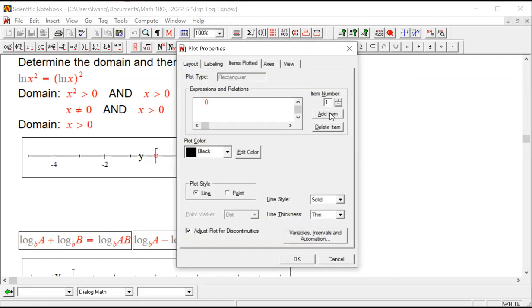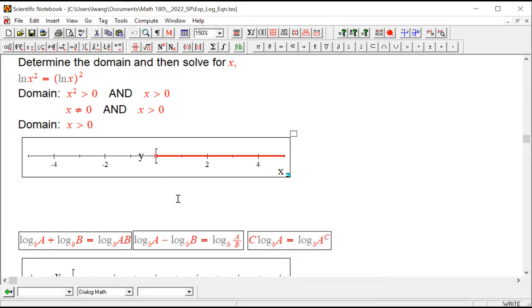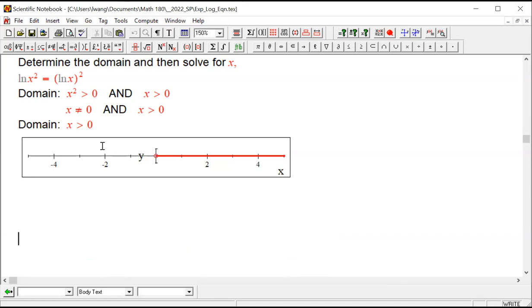And we also mark the domain. All right, so that's the domain.